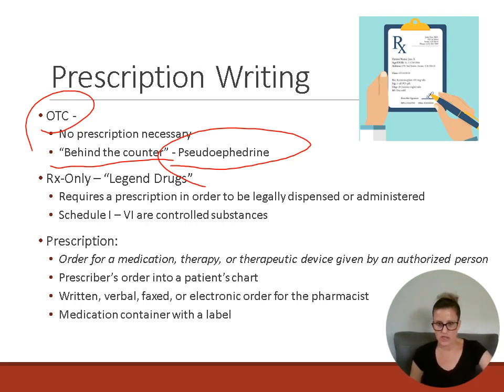So one way that they tried to curb the production of methamphetamine is by limiting the amount of Sudafed that people can buy. So when you buy Sudafed, you have to give your driver's license, and it gets recorded in this monitoring system. And you can only buy a limited quantity of pseudoephedrine. So this stops people from going in and buying huge bags full of Sudafed to make methamphetamine.